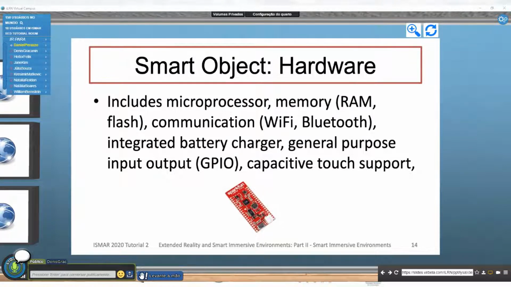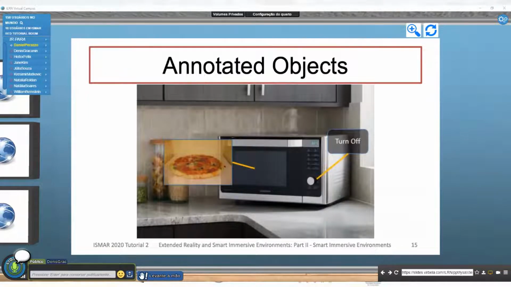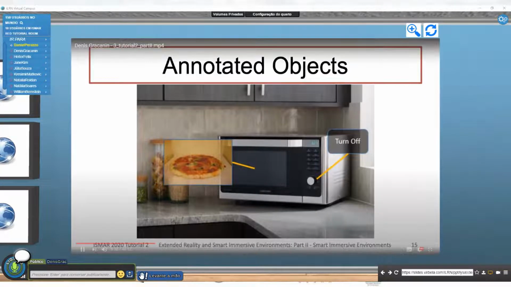So, for example, if you're looking at this microwave here, that microwave can be standalone without ability to communicate.